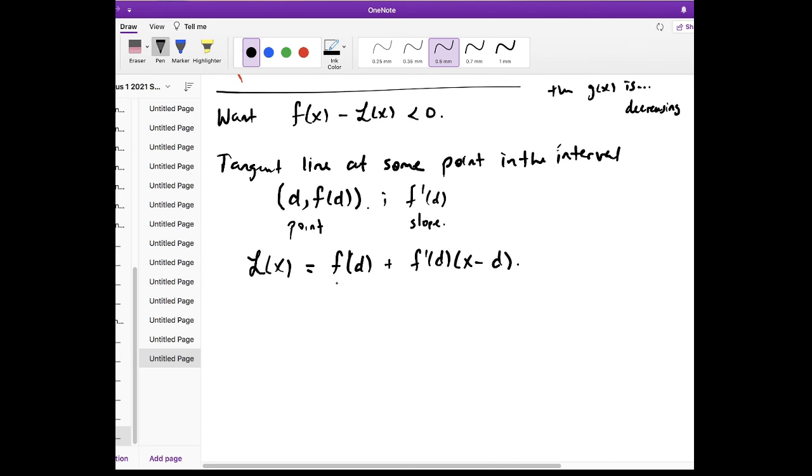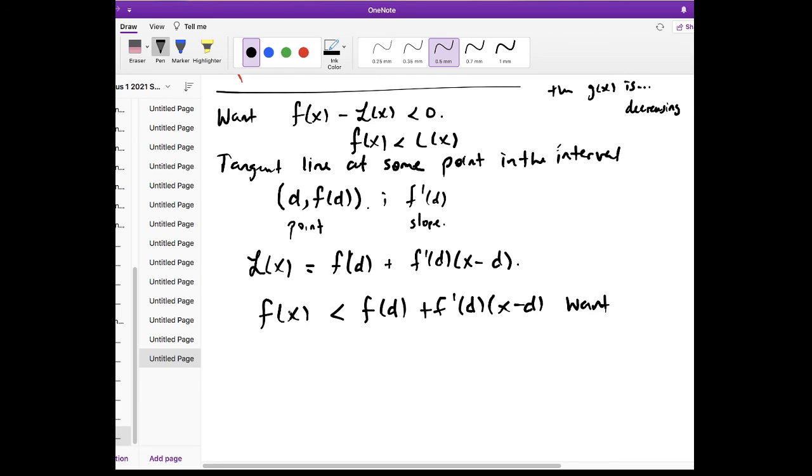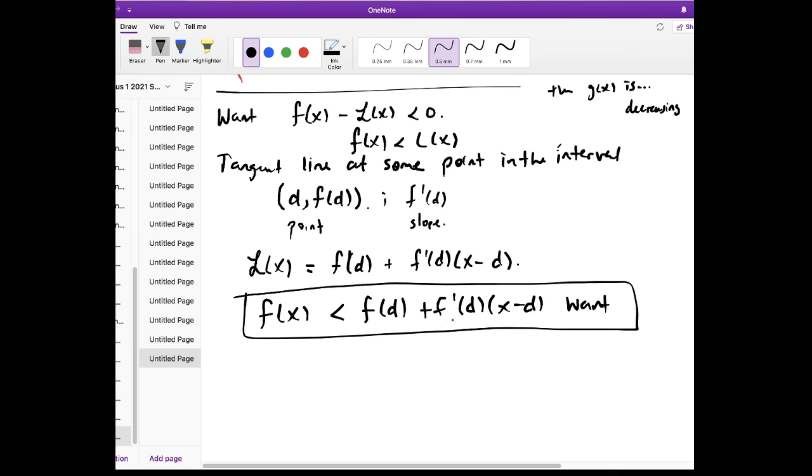So we can say we want f of x to be less than L of x. The right hand side is L of x, and the left hand side is f of x.